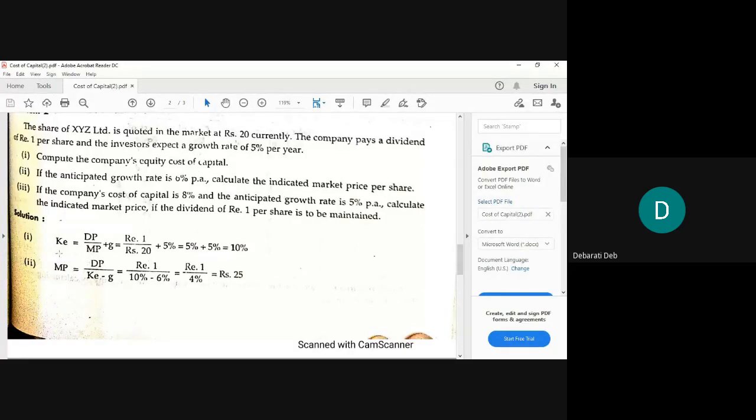If you use this equation and try to find the function for MP, you will have to bring this MP to the left hand side, right? But you cannot take it directly because it is in the denominator. So first we will take this G to the other side. So we will keep dP by MP equals to KE minus G. All of you write down.